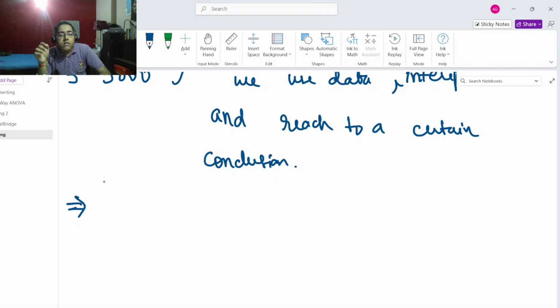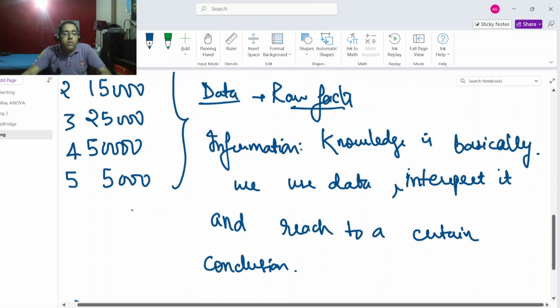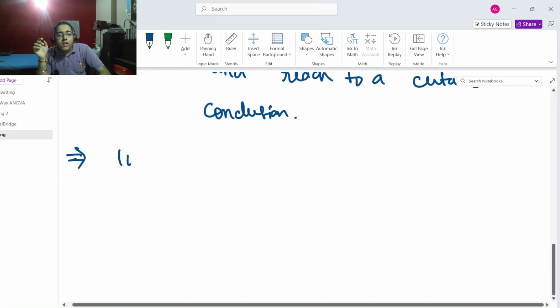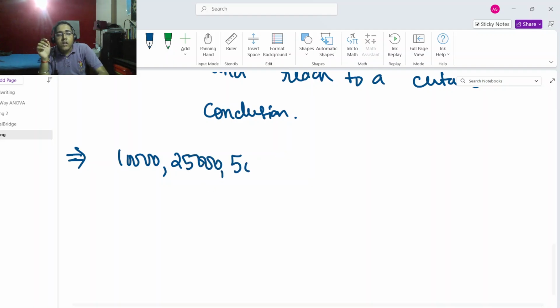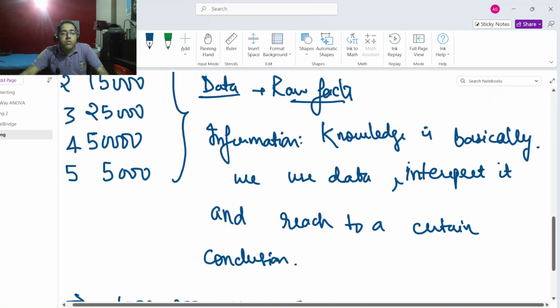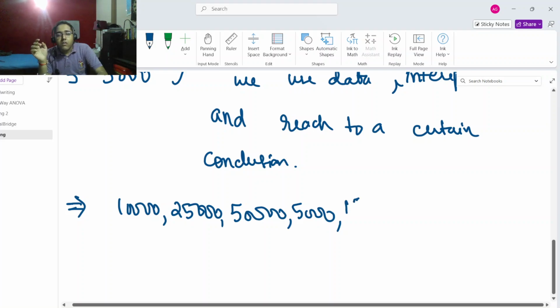If we take the above data set, we had five employees whose salaries were namely 10,000, 25,000, 50,000, 5,000, and 15,000. These were the five salaries.